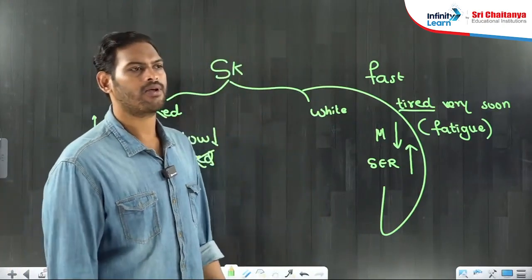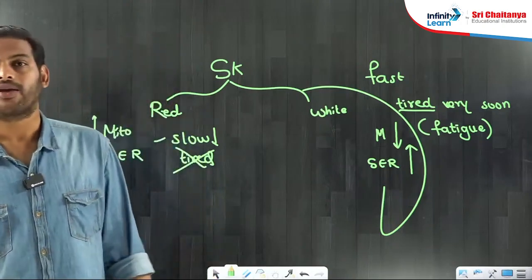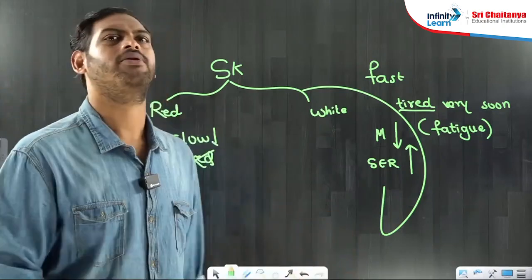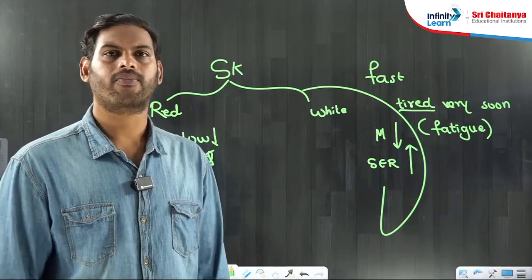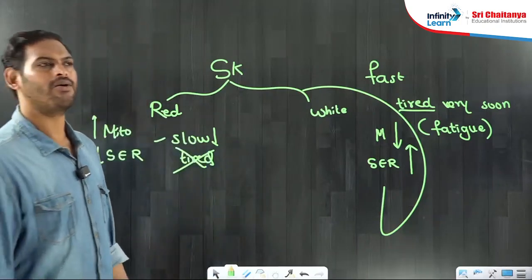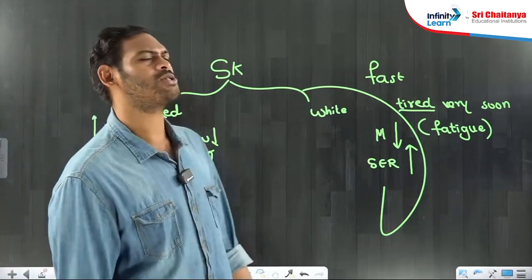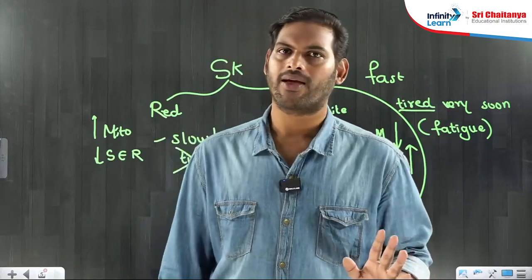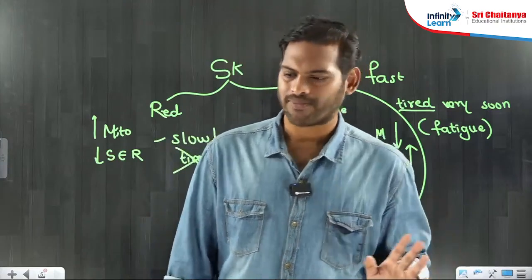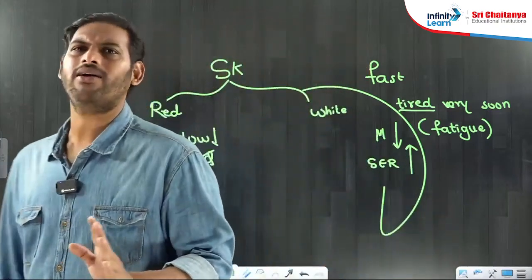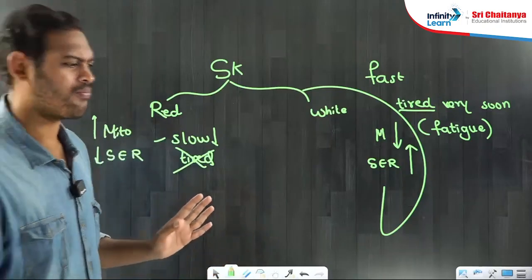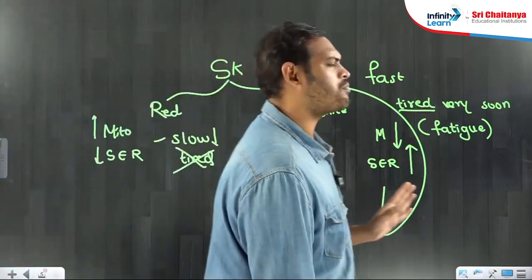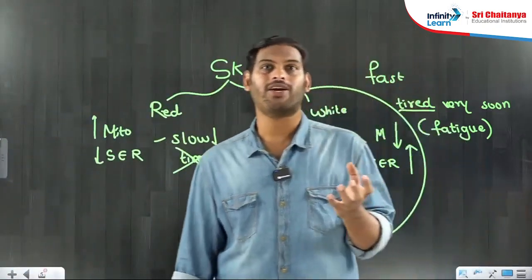That was their importance. Even biceps have red fibers. Most of your body parts consist of red fibers. And you can ask me, why is meat red in color? Why does chicken look pinkish red, raw chicken?